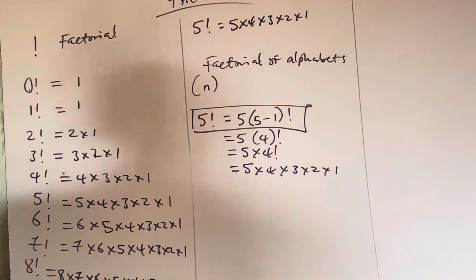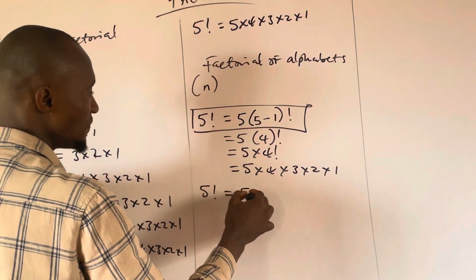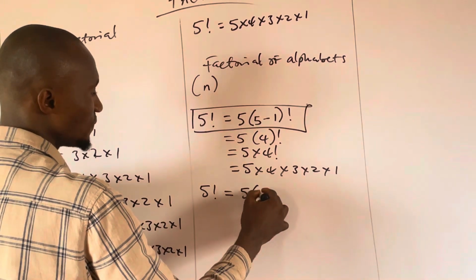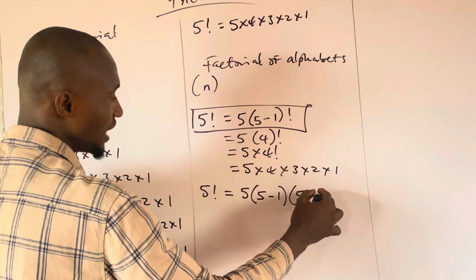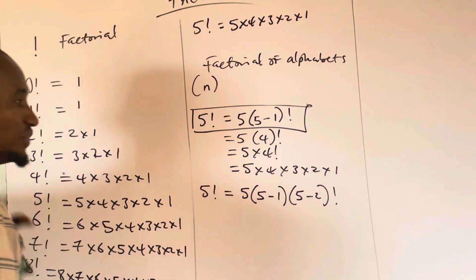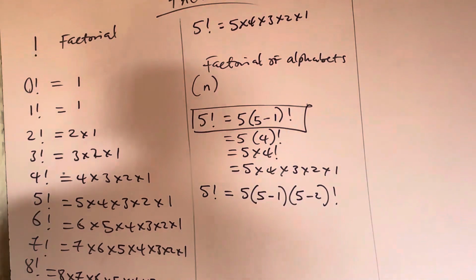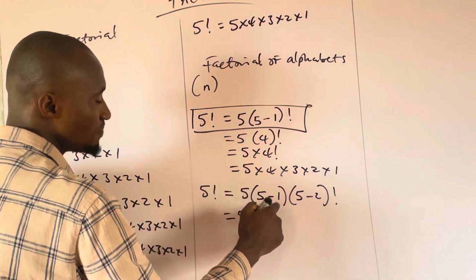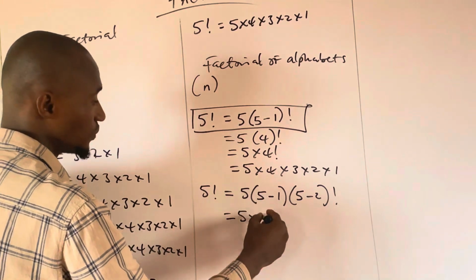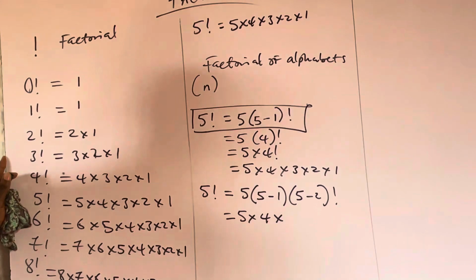Again, do you know that this 5 factorial can still be 5 into bracket 5 minus 1, bracket 5 minus 2 factorial? Are you aware that this will still give us the same answer? How? 5 times 5 minus 1 gives us 4, times, because the bracket means times.